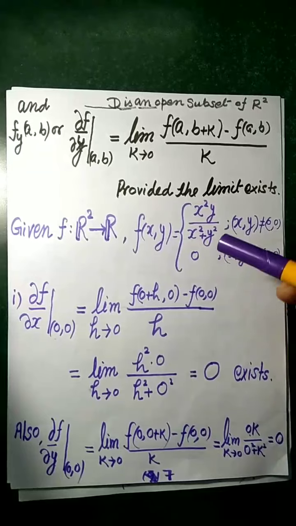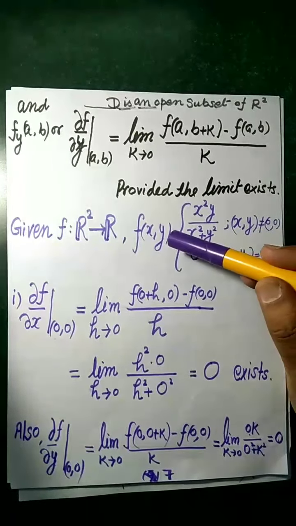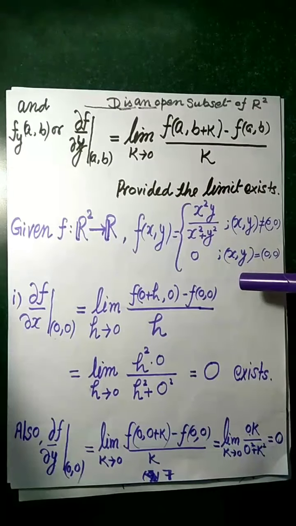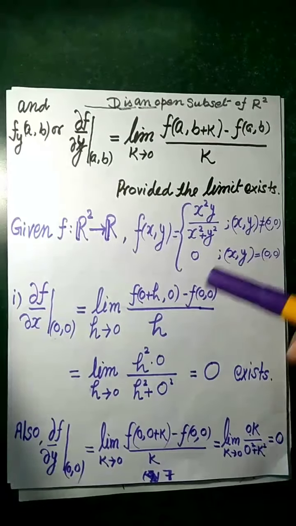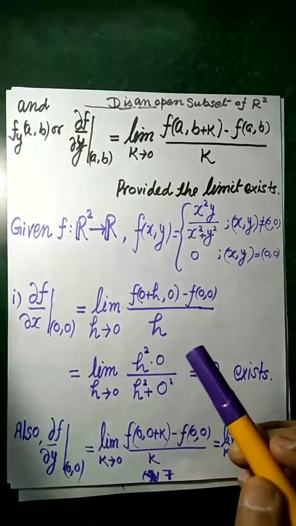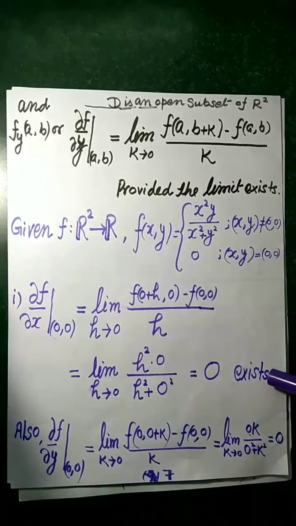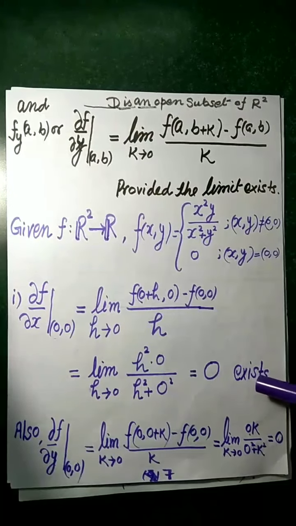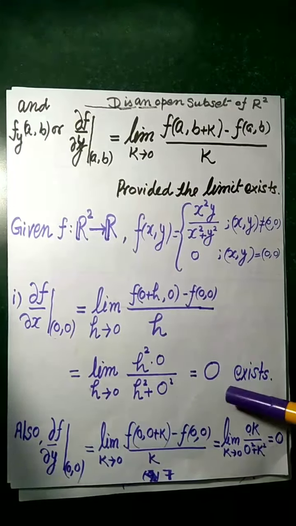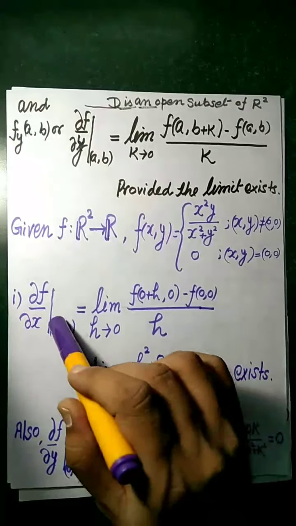Now this is the given problem, f(x, y) is this. We want to obtain the partial derivative with respect to x at point (0, 0). On applying the limit, the calculation gives us 0. If the limiting value is finite, here 0, we can say the partial derivative at point (0, 0) exists.